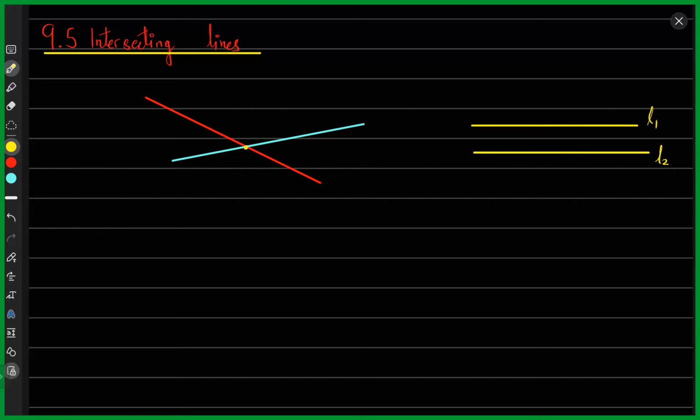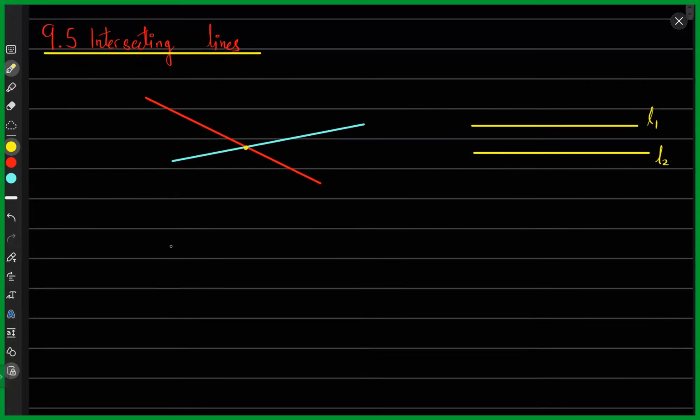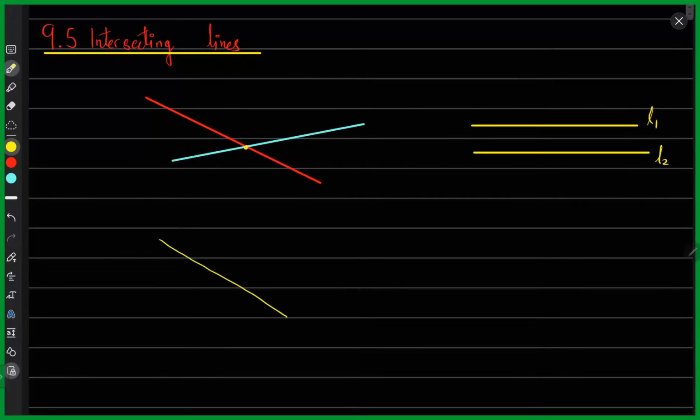Lines that are not parallel, do not intersect, and are not coincident are called skew lines. For instance, if we have two lines, let's say this is a line and this is another line. Here the two lines are not parallel. The two lines are not coincident because they are not lying on each other.